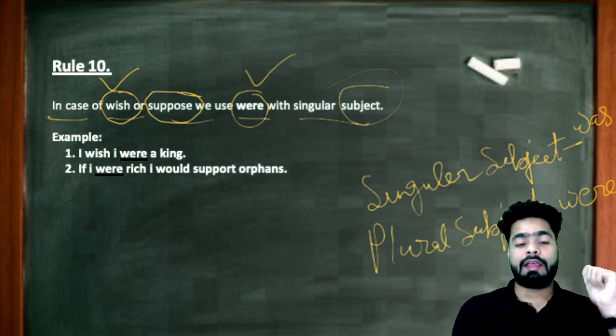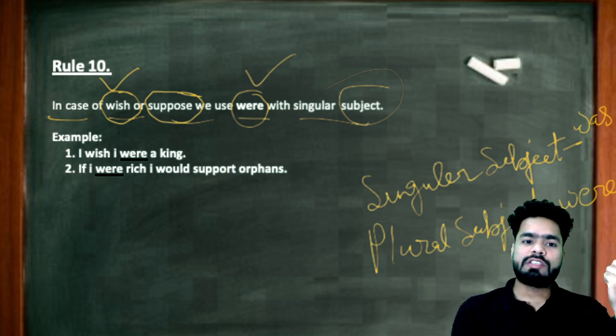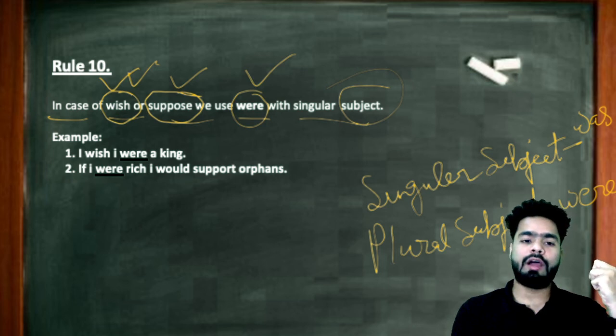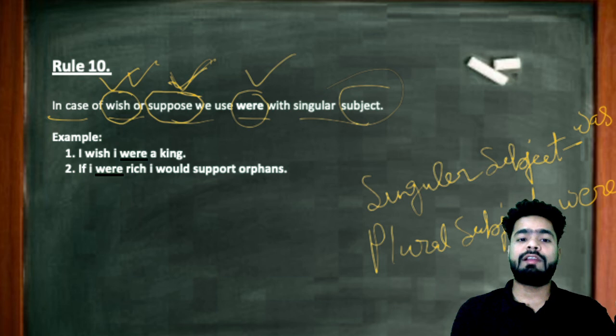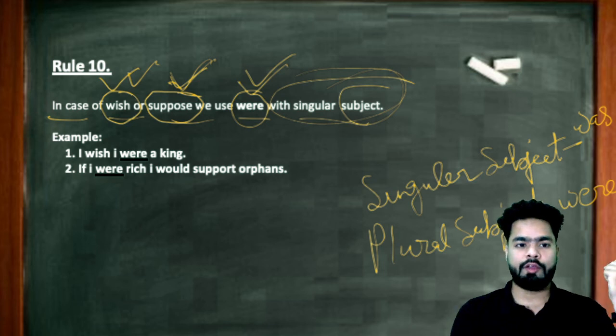But according to rule number 10, if we talk about any wish or suppose, where we are wishing to be something or supposing something, in that case we will use were, not was, with a singular subject. This is an exceptional case. For example, I wish I were a king.